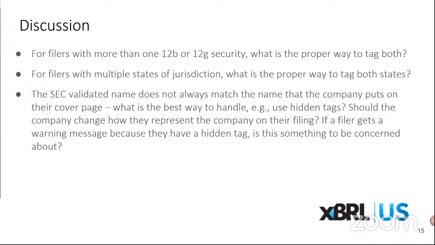For example, if there are hidden facts that are not referenced, you'll get a warning, and you can look at those warnings if you just look up the OSD EDGAR validation warnings. While EDGAR accepts filings that received warning messages, filers should review the warning messages and address the issues.